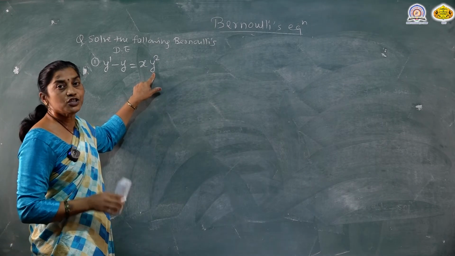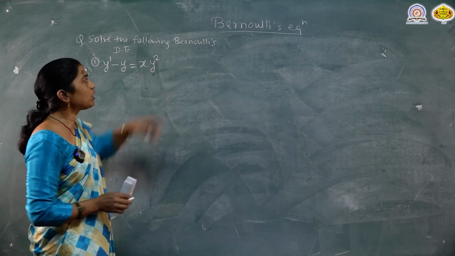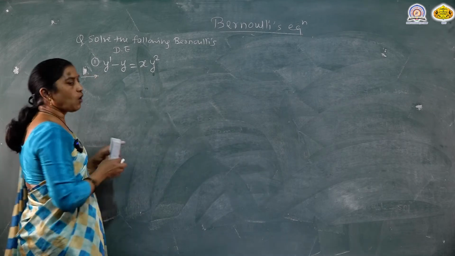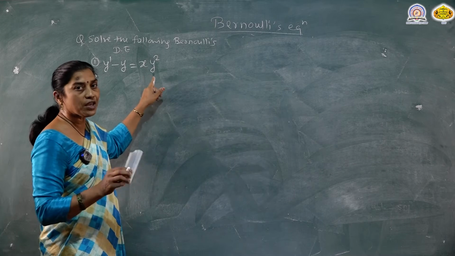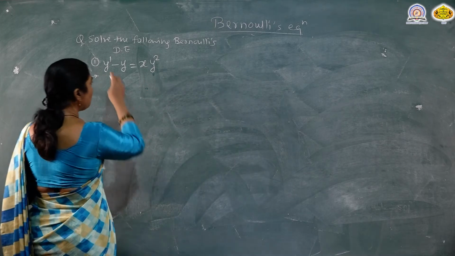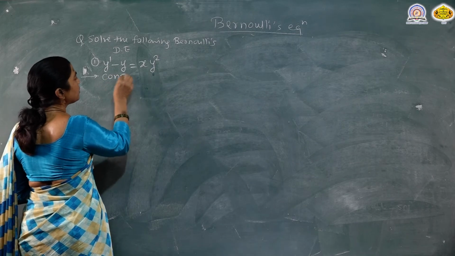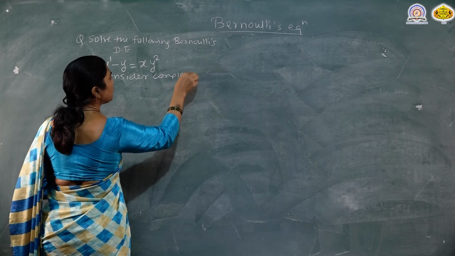Observe that it is non-linear because of this term y^2. So it is a Bernoulli equation. If it is non-linear, it is not directly variable separable, but it can be transformed to variable separable form. So we use the method of variation of parameters. For that, we consider the complementary equation.